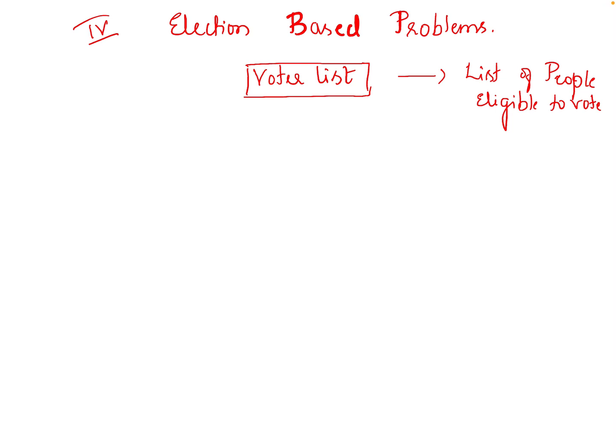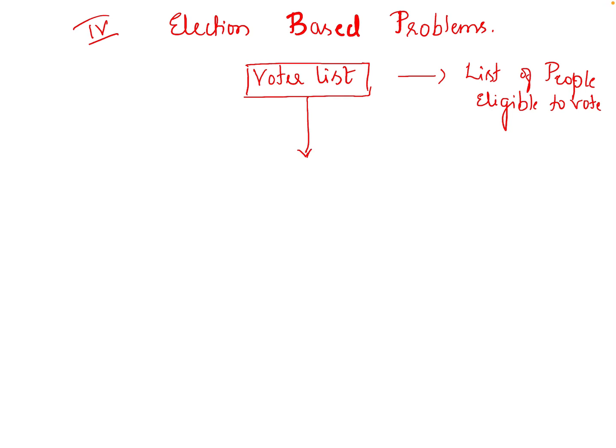Only the person who has a voter ID can vote. So the voter list is the list of people who are 18 plus and have a voter ID of that particular area. Only those persons are eligible to vote.